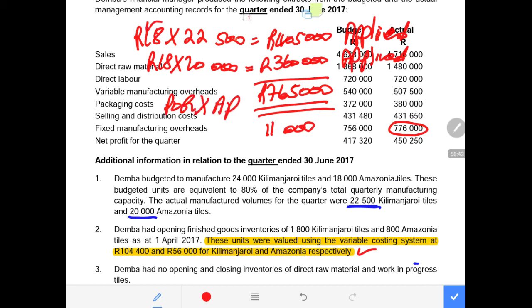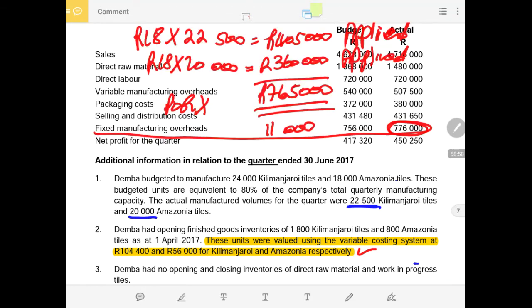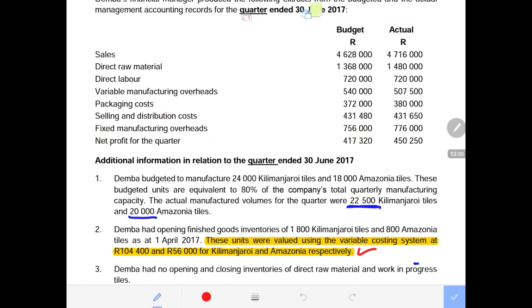POR is 18 Rand for the year, actual production for the current year. We get our applied, and this is our total applied for all the products. We compare it with the total actual fixed cost for two products, because they did not separate our actual fixed cost. It is one amount. So that is where that 11,000 is coming from.